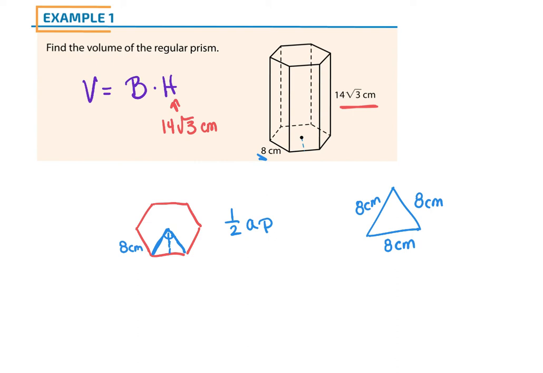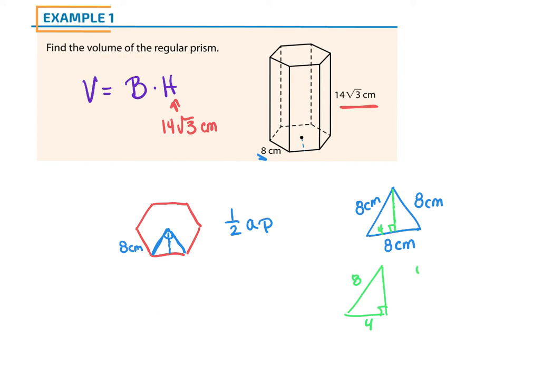And so if I want to calculate the height of that triangle, I can say, well, if it goes down here, that makes that 4. And so now all of a sudden I have a triangle that looks like this, 4, 8. What can I use to calculate that height, which is actually my apothem? Pythagorean Theorem, all right?